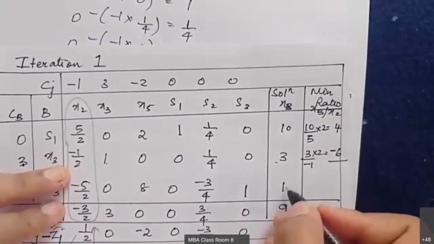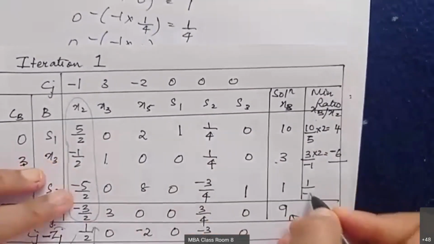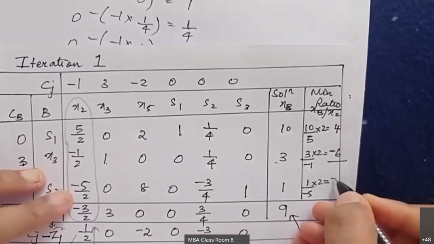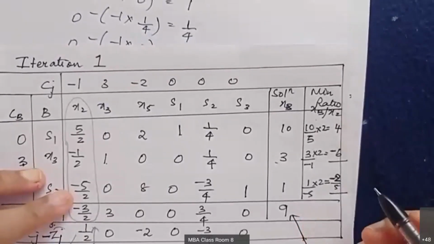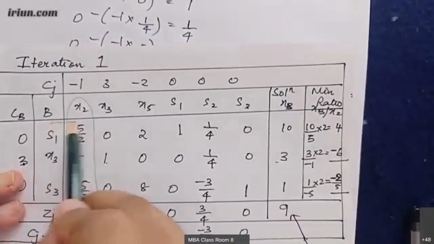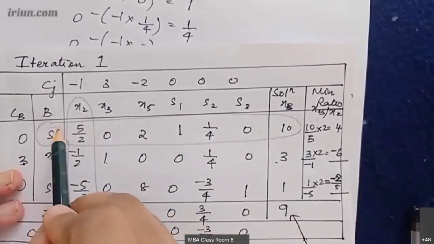Next one, 1 divided by this number, minus 5 into 2. Again, it is a negative number, minus 2 by 5. You don't have to consider it. Just put a dash. So you have only one positive value. So this will be the key column, and S1 is going to be the outgoing vector.